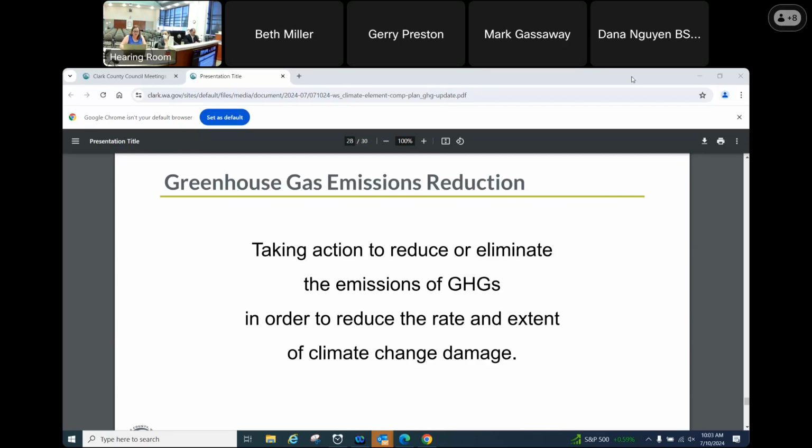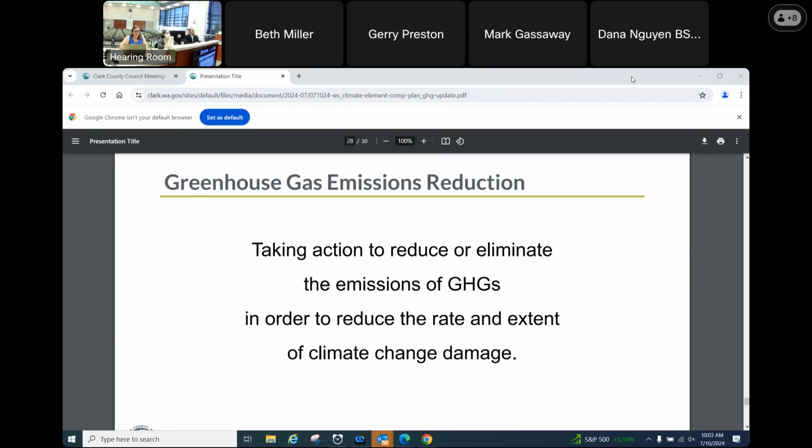And best science indicates that we need to limit global warming to 1.5 degrees Celsius above pre-industrial levels to avoid severe climate hazards and reduce the risk associated with long-lasting and irreversible changes such as the loss of some ecosystems. And in our environment today, we're already seeing the consequences of about 1 degree Celsius increase over those pre-industrial levels.